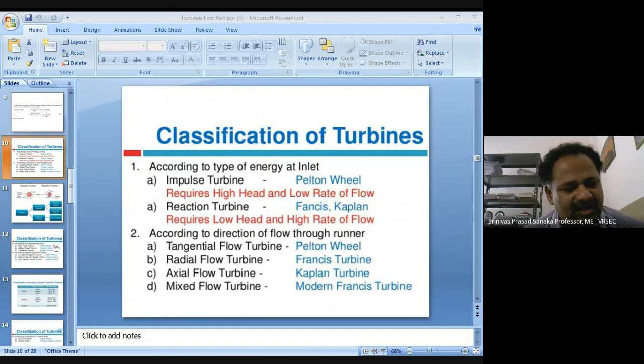Mixed flow means radial inlet and axial outlet, and it is called the mixed flow turbine. So the first classification is based on the type of energy at inlet. The second classification is based on the direction of flow through runner. The turbines are classified into different types.